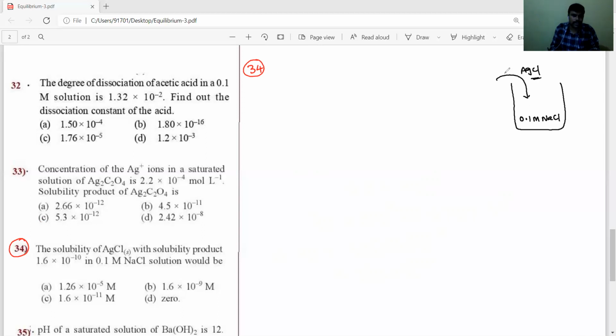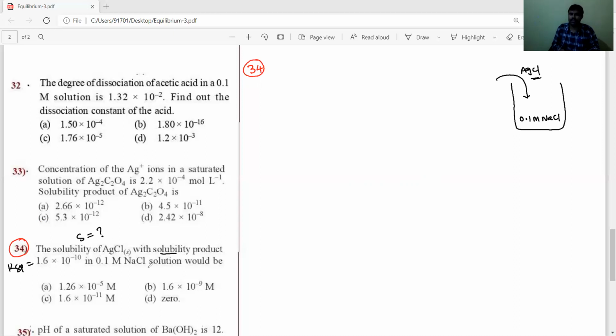That AgCl solubility product they gave, and we have to find out the solubility of AgCl with the solubility product KSP they gave.